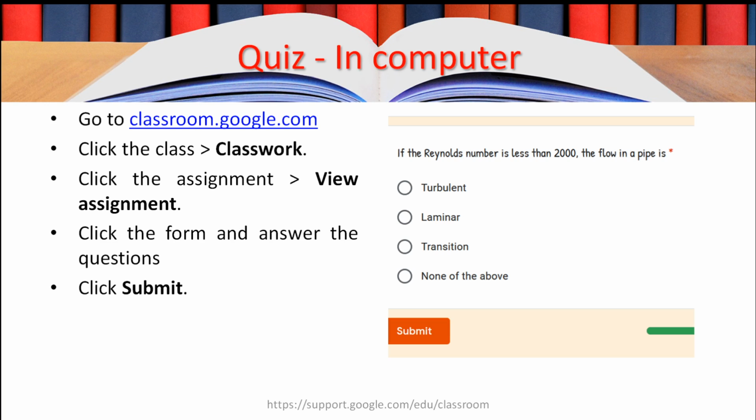Now on the computer, the procedure is the same. You just need to click on the Submit button. In Google Forms, when you go to view assignment, click on the form, we will go to forms.google.com, then complete answering the questions, different questions, multiple choice or short answer, whatever it is. Sometimes the form will ask you to enter your email ID as the first question itself.